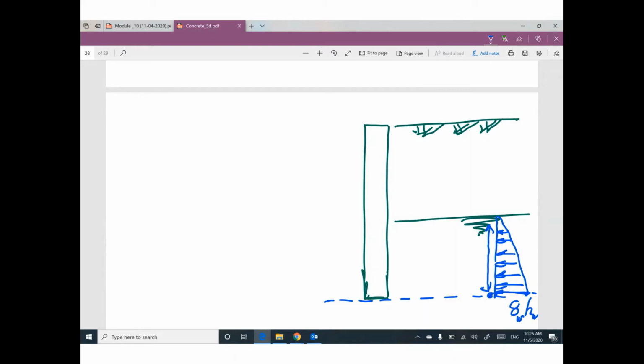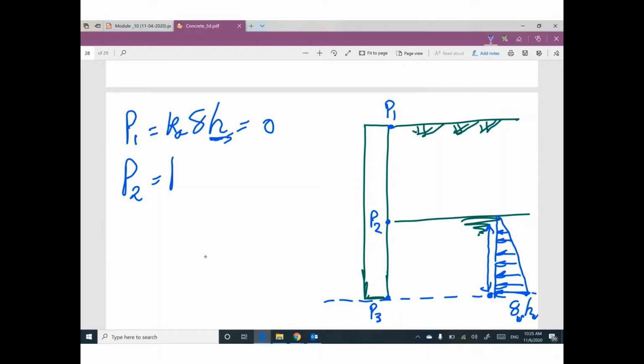If you are talking about soil, I need to figure out the value of pressure here, P1, the value of pressure here, P2, the value of pressure here, P3. P1 equals K active gamma H. We don't have H for soil above point 1, so your pressure will be 0. P2 should be P1, the previous point, plus K active gamma H between point 2 and point 1.